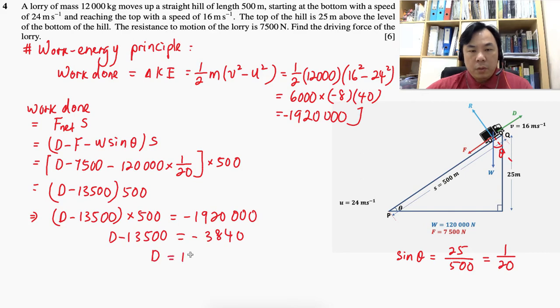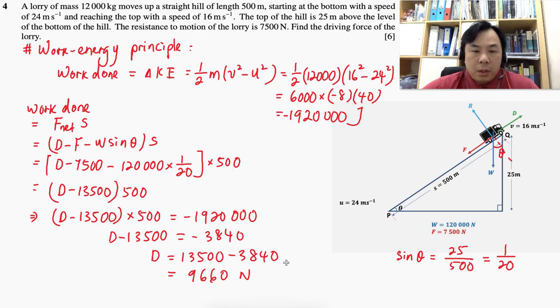Therefore, the driving force will be 13,500 minus 3840 there. And that would yield, let me see here, 9660 Newton. So therefore, the driving force required to move the lorry from the bottom of the hill up to the top of the hill, having a speed of 60 meter per second, should be 9,660 Newton here.